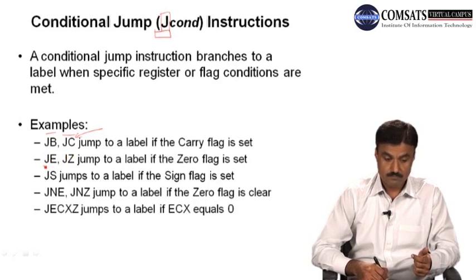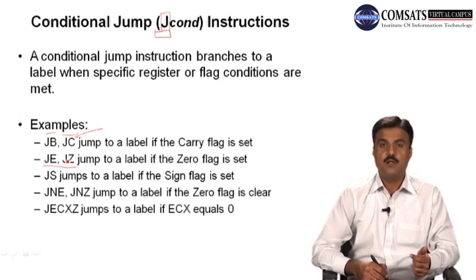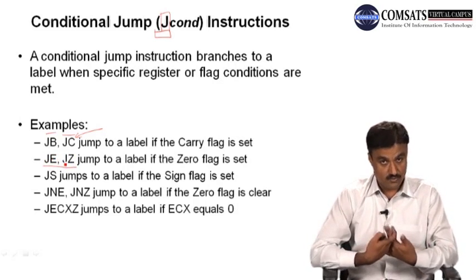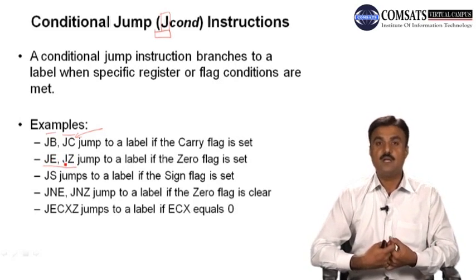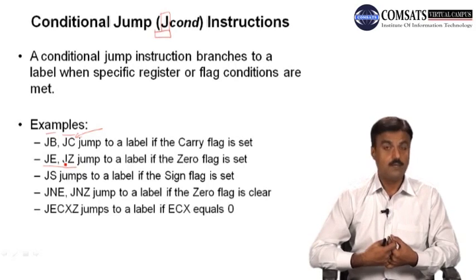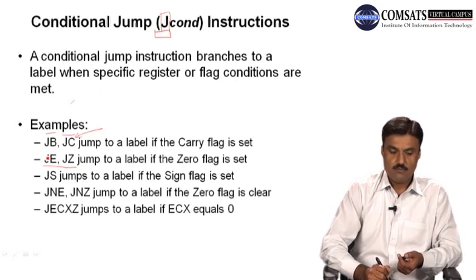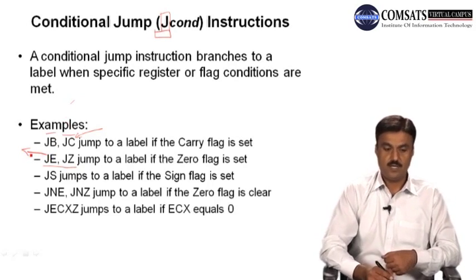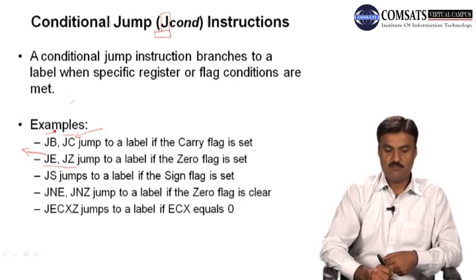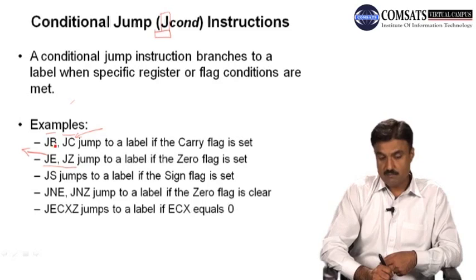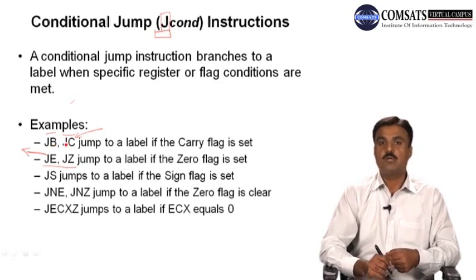Here you can see jump zero: when we compare two registers and they are equal, the zero flag will be set, or we can use the other instruction called jump equal. Jump below means the destination is less than the source, and at that time the carry will be set.